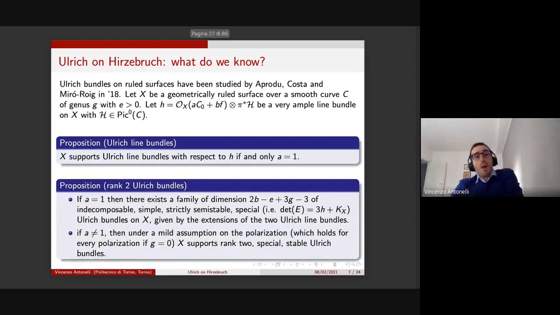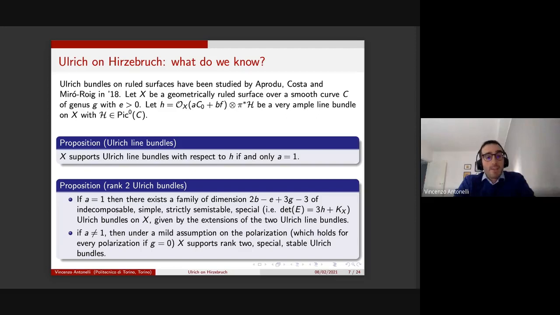And as soon as you consider the rank 2 case, if a equals 1, then there exists a family of indecomposable, simple, strictly semi-stable special Ulrich bundles. Special means that the first Chern class is fixed and is 3H plus K. And every rank 2 Ulrich bundle is given by an extension of two line bundles. So you only have strictly semi-stable Ulrich bundles.